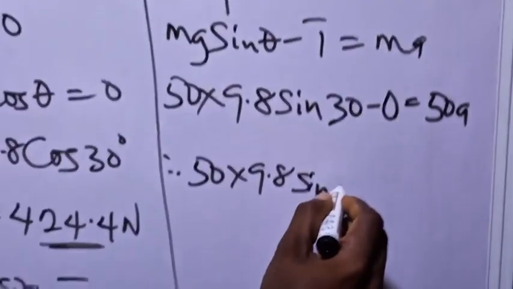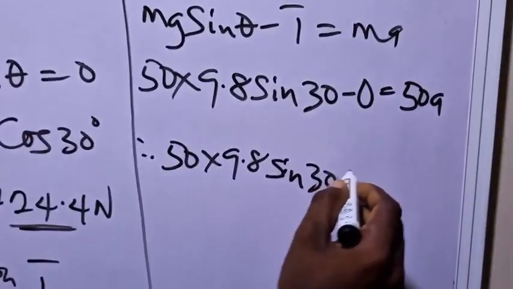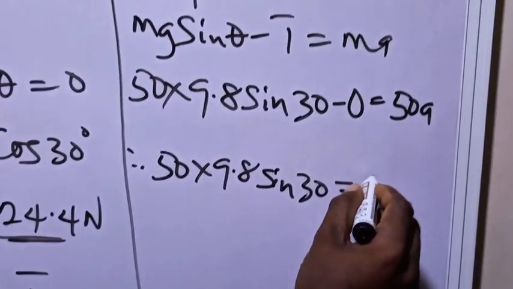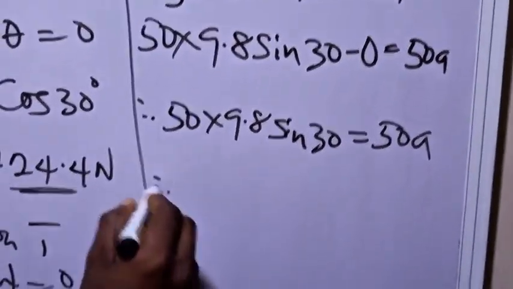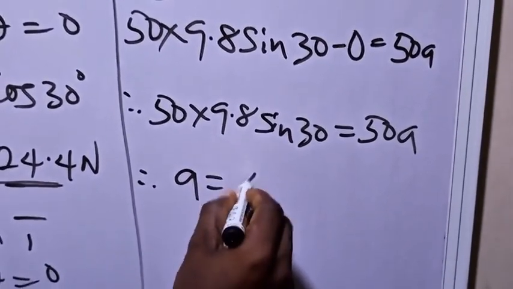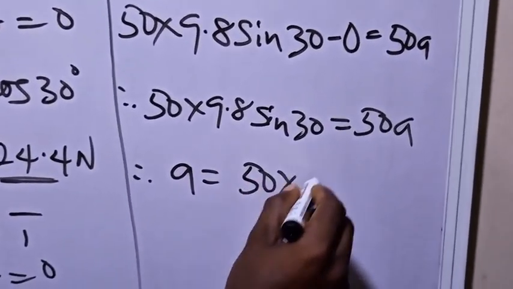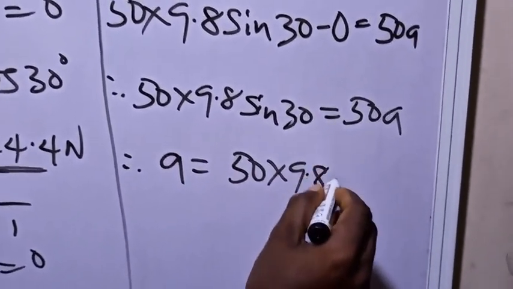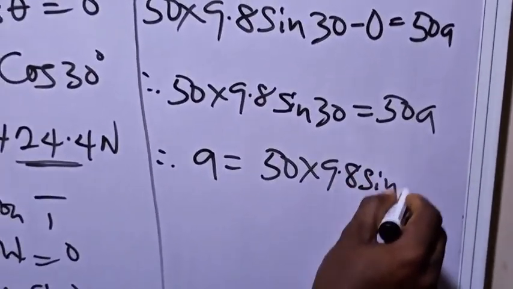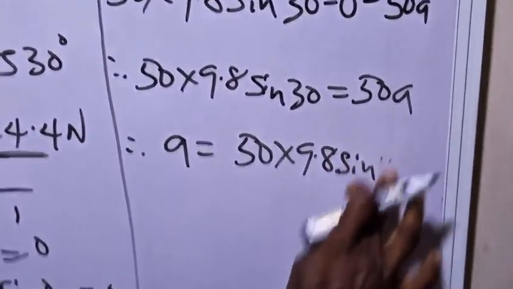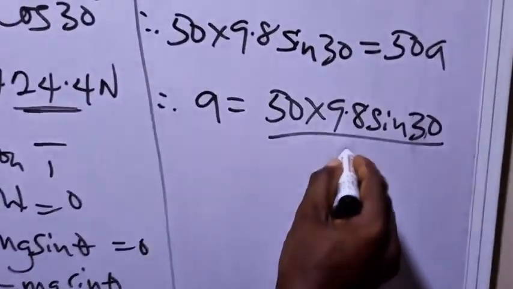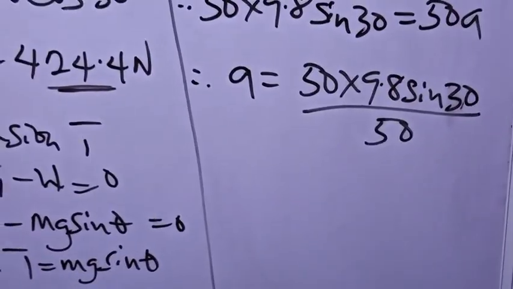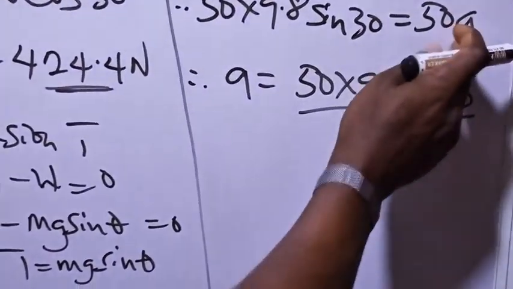Therefore, we have 50 times 9.8 sine 30 equals to 50 multiplied by acceleration. Therefore, acceleration here will be 50 times 9.8 sine 30 over 50, because we're looking for acceleration.